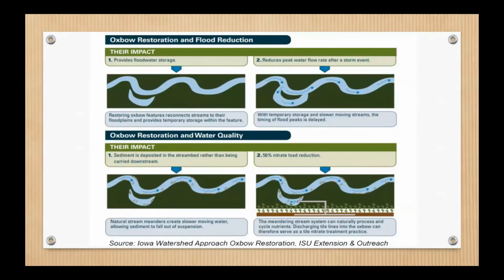A little bit more about the causal factors behind the oxbows. First of all, as they form, they also provide an improvement in water storage, so there's a benefit in terms of flood reduction. Meanders in streams are also nature's best way of filtering out sediment, because the water is a little slower in every corner, and so sediment deposits.